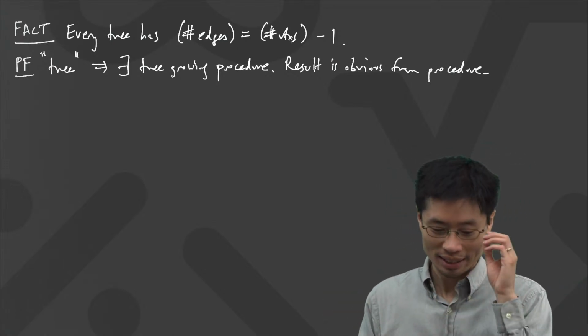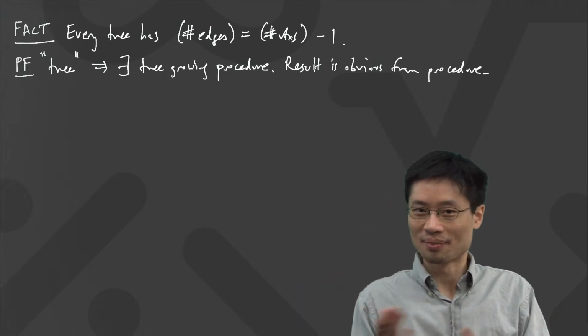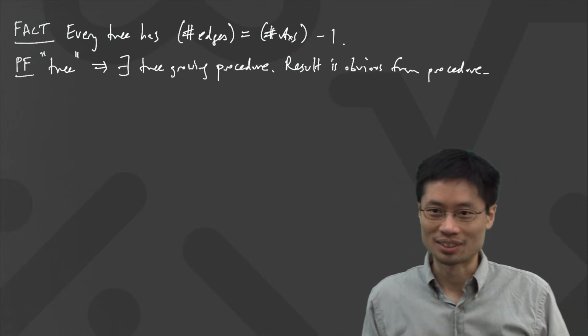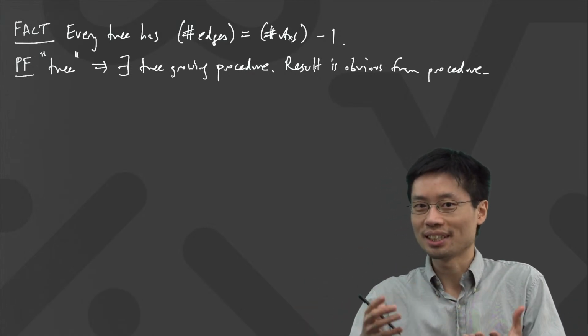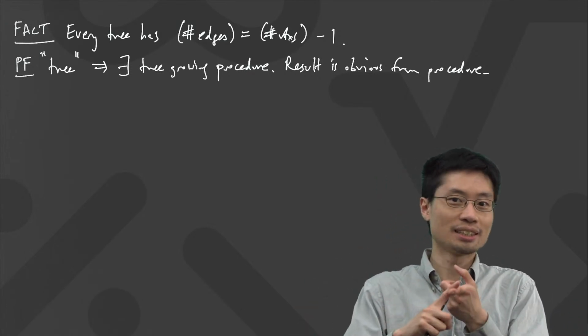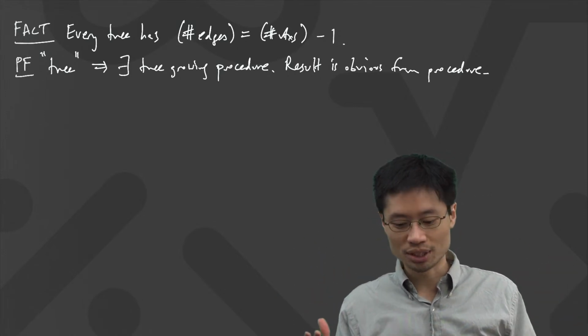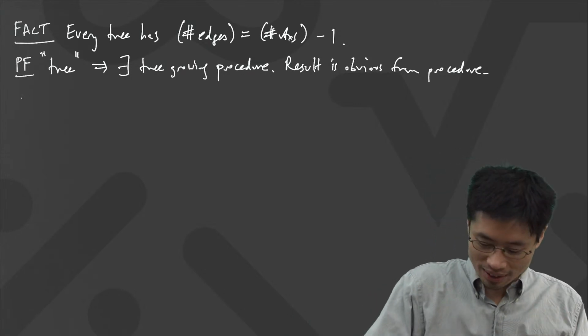And we now know that if I have a tree, it always has this number of vertices and edges combination. But now something gets interesting, because we can start to play a little bit among these three things. We have some notion of connected acyclic. We have some notion of whether we can grow with a tree growing procedure. We have some notion of vertices and edges. So now here is an interesting theorem.